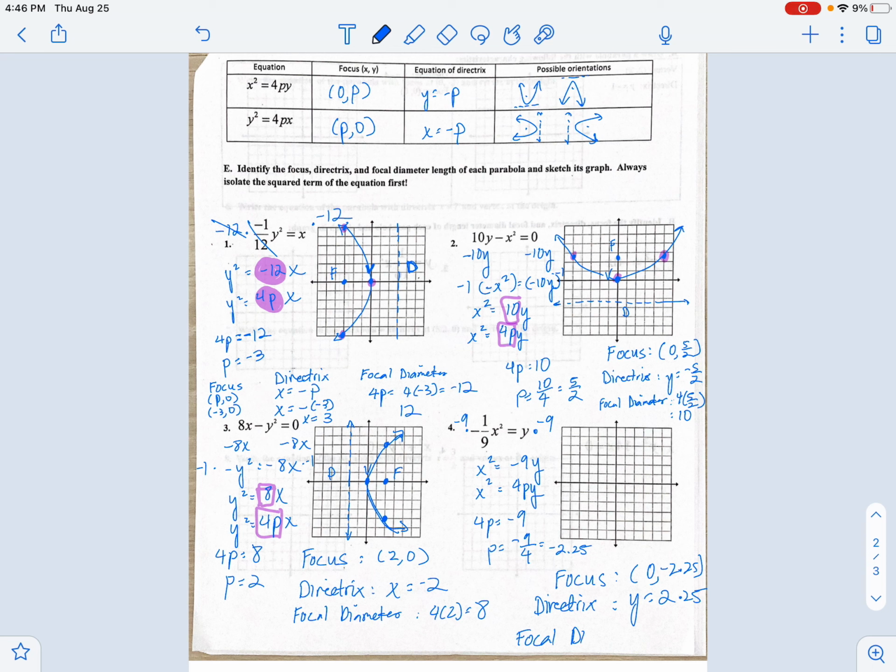Focal diameter will give me 4 times 2.25, which will be 9, I believe. Yes, 9.